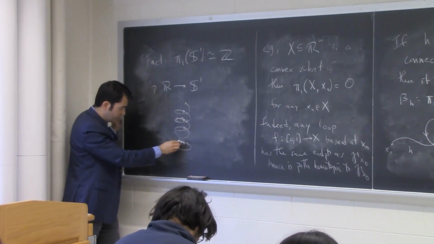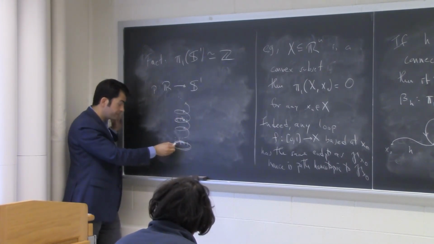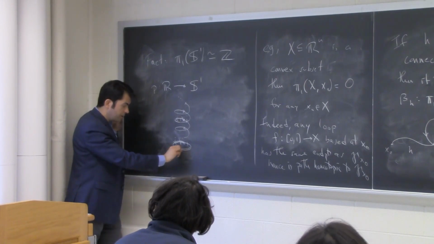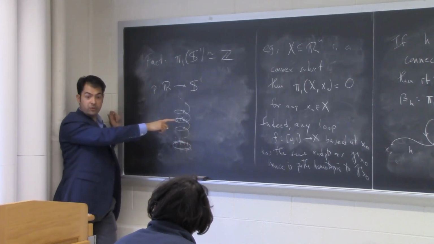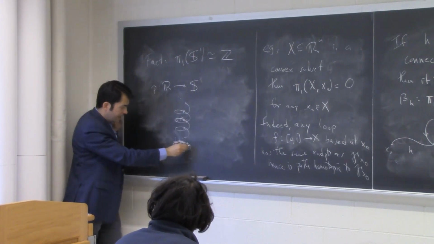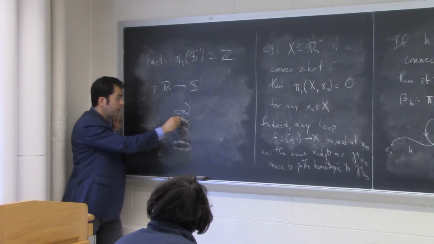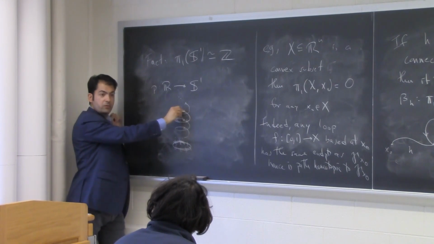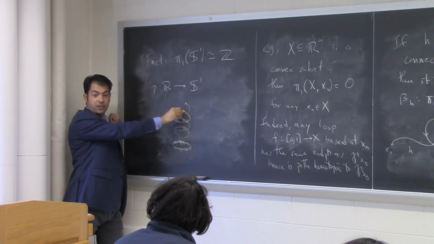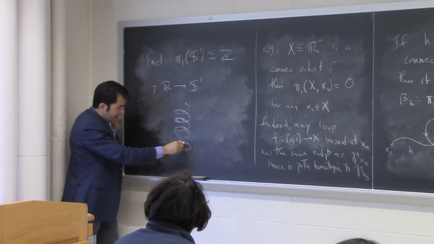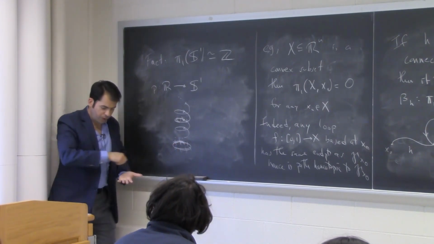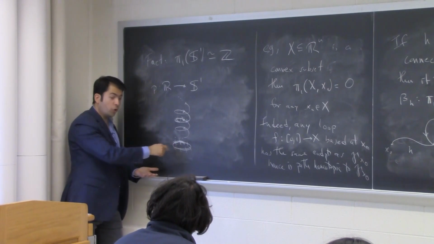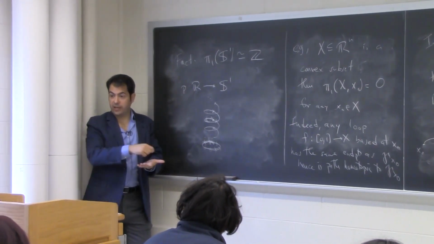And let's say this path just went around the circle once. I keep lifting on little intervals, and everything's going along great up here. I have no choice. But when I get back to where I started down here, over here I've gone around once and come up to the next point, right? So if you want to know for a path down here, you follow the path, how many times did you go around the circle, with sign?